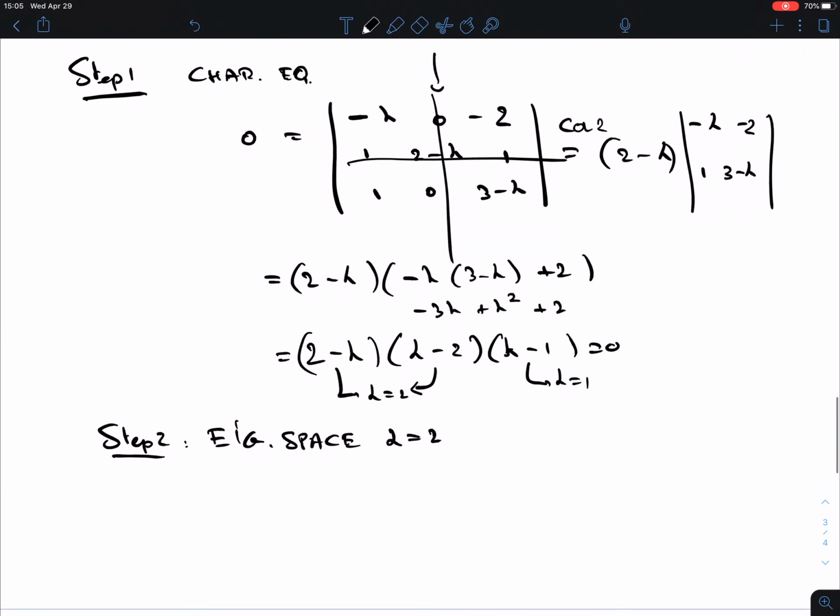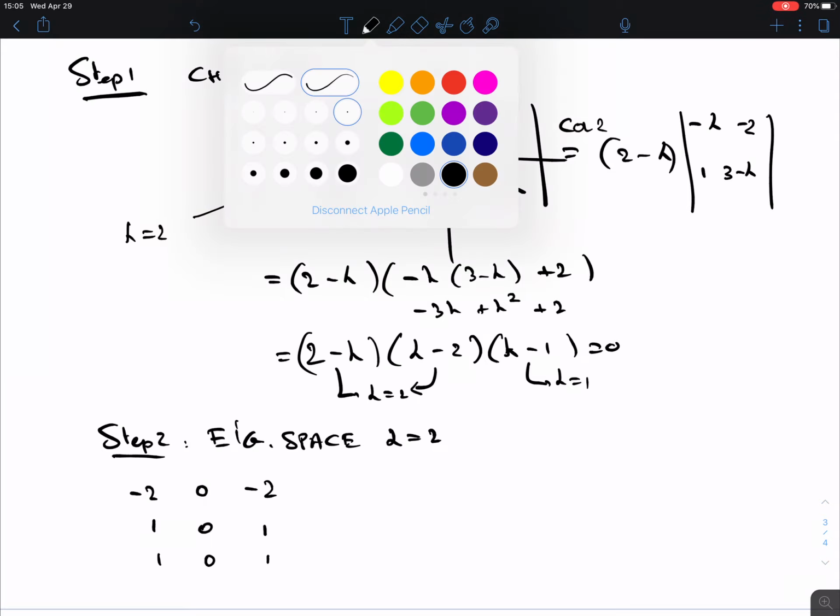Okay, so the eigenspace for lambda equals 2. That means in this matrix we replace lambda with 2, and we get minus 2, 0, minus 2; 1, 0, 1; 1, 0, 1. It's rather quick to do this.